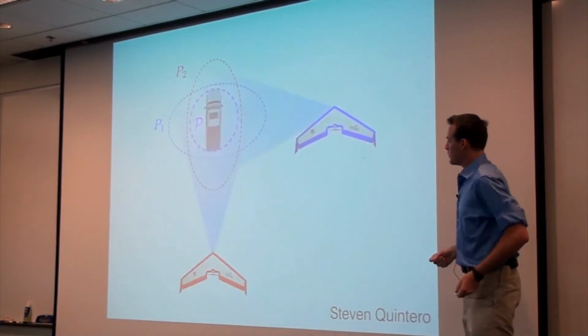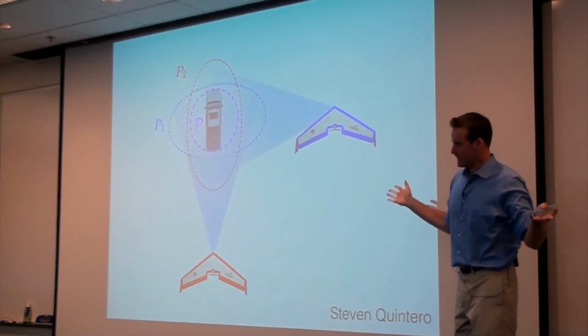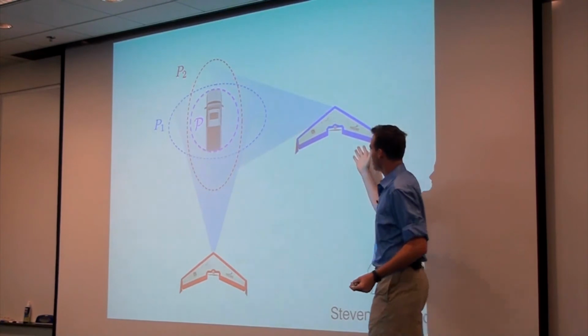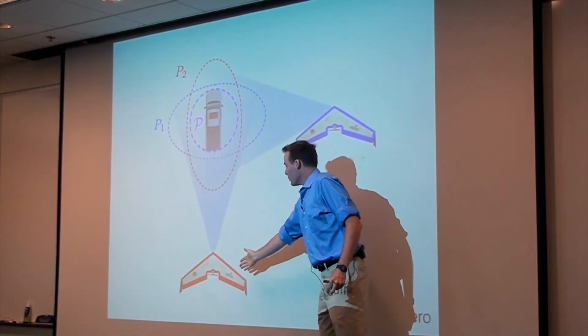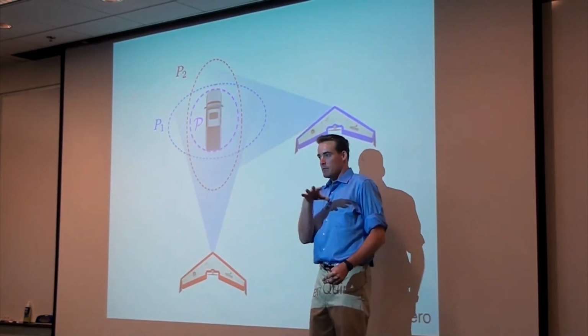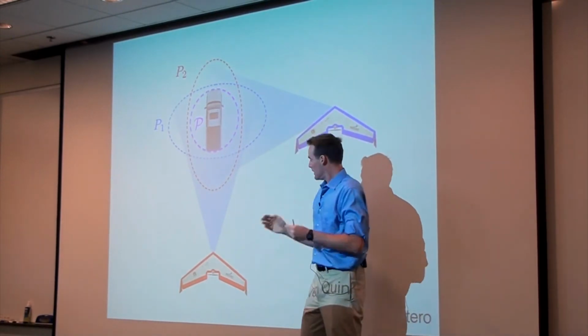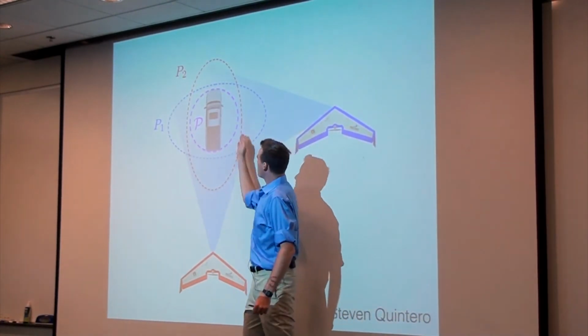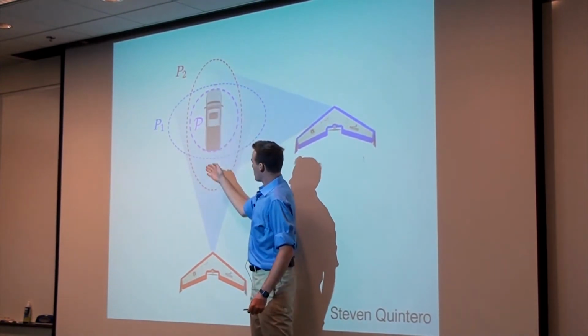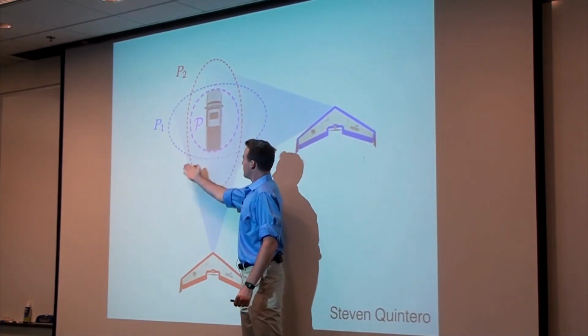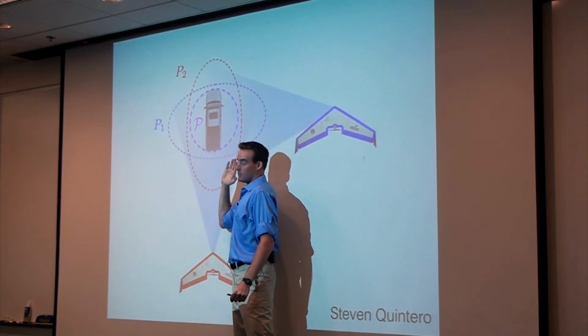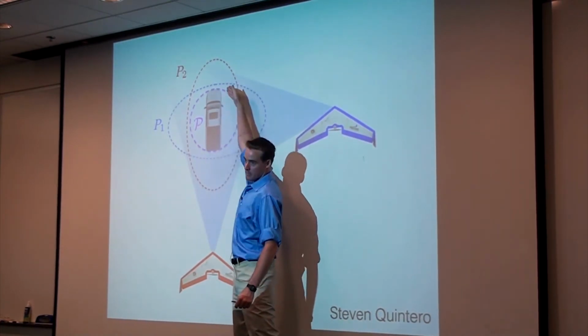Okay, so what people thought in the past, which was a reasonable thing to think, is that each UAV can see pretty well from side to side, but it can't determine depth very well. So here's, for this red UAV, there's this uncertainty ellipse of where the truck is. The red UAV can tell from side to side pretty well where the truck is, but it can't tell depth very well.